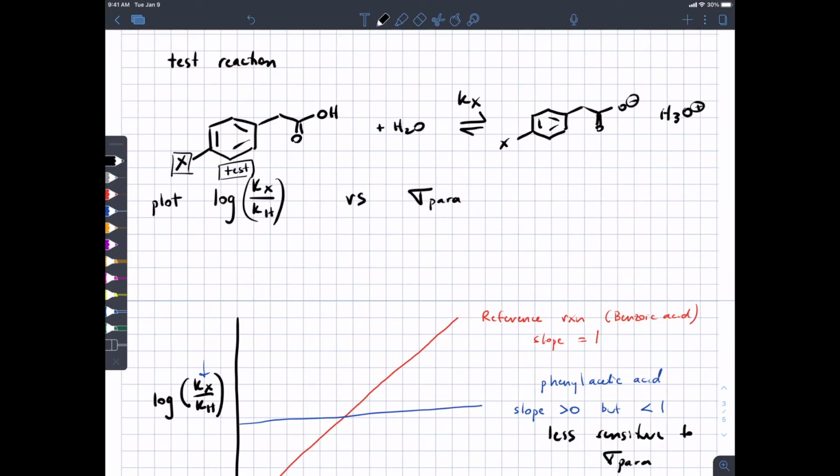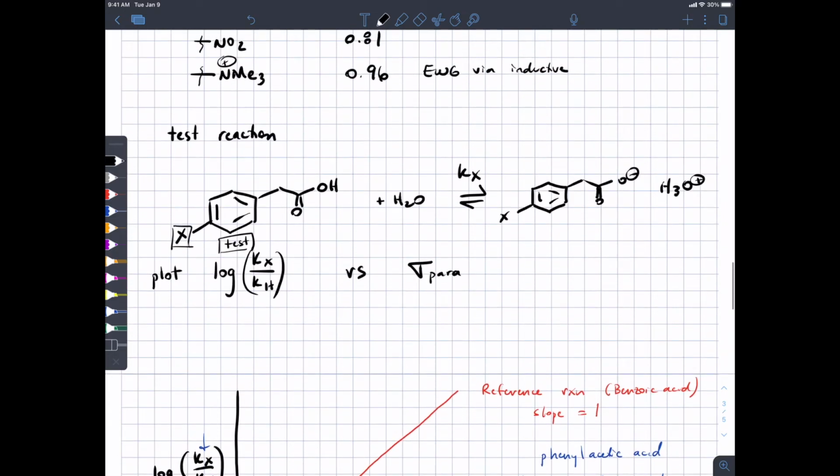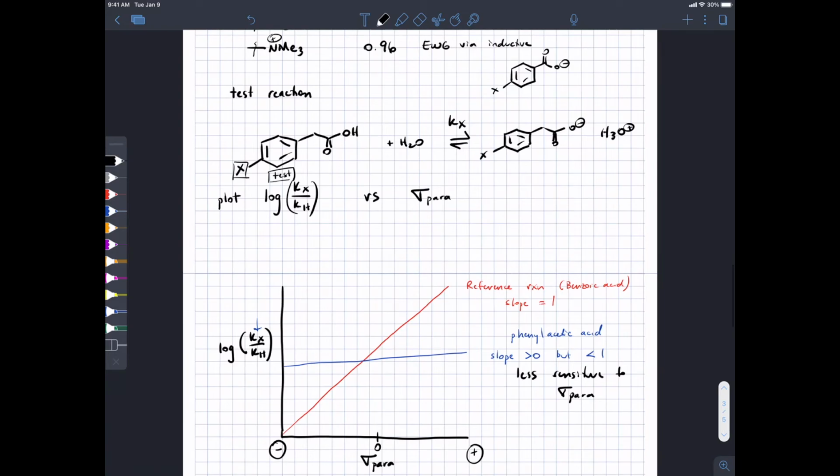Any thoughts? And if it's useful, I'll draw the conjugate base of benzoic acid. Why should it matter less for the phenylacetic acid what the substituent is here? Yeah, Heather.